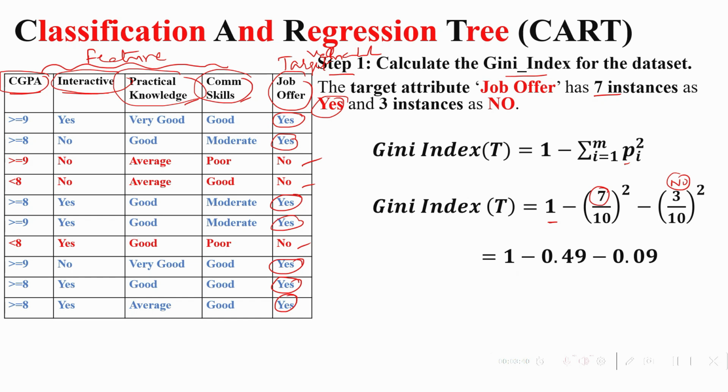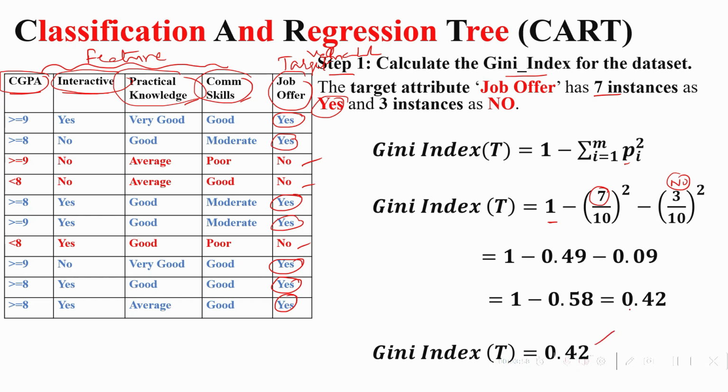That gives 1 minus 0.49 minus 0.09, which equals 1 minus 0.58, equal to 0.42. So the Gini index of the target variable is 0.42. This is very important information, and based on that we are going to find out the other things.